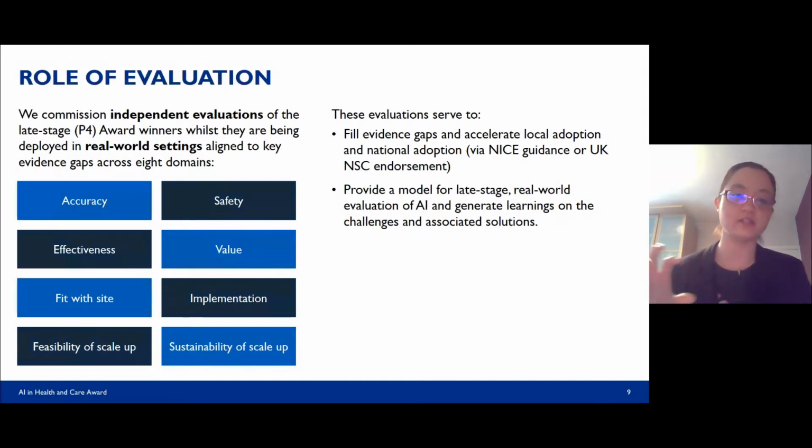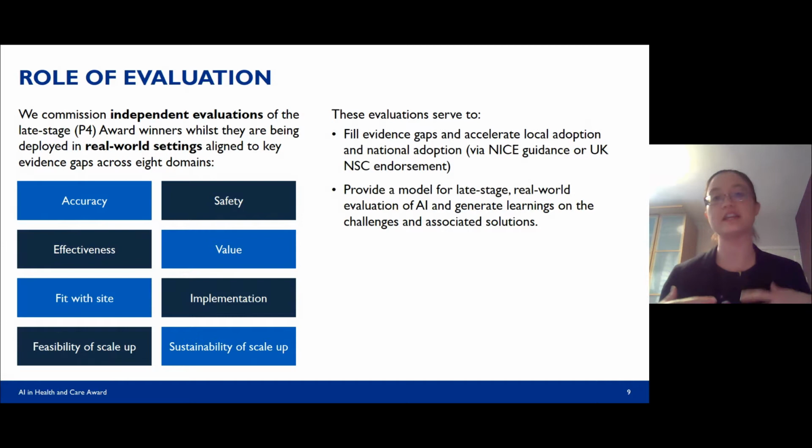The aim of these evaluations is to fill key evidence gaps to inform the onward adoption and spread of those technologies across the UK, and inform assessment by NICE and other bodies such as the UK National Screening Committee, if that's the relevant group that the technology would fall under.